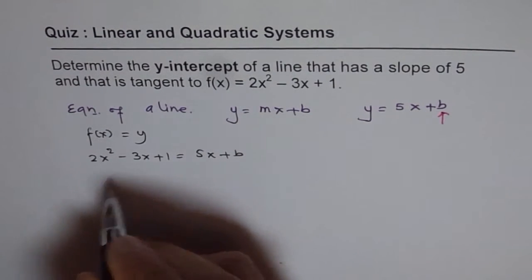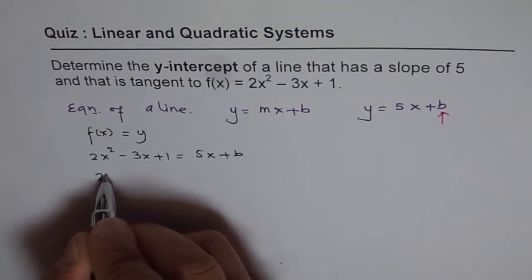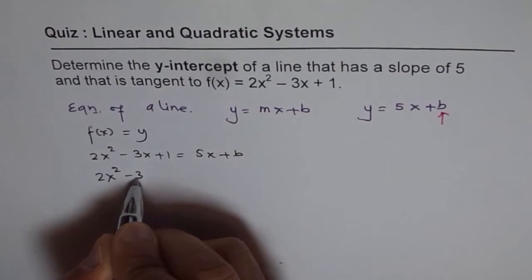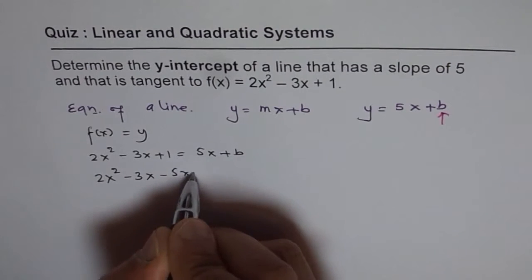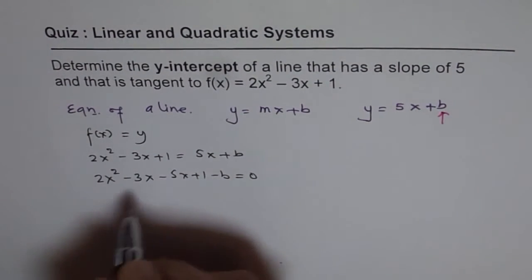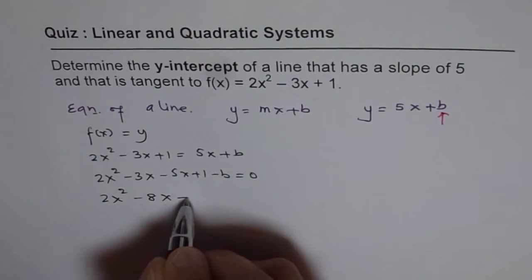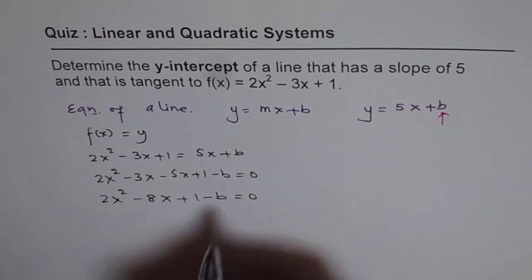Now we can bring all the terms together and then solve for b. Minus 3x minus 5x plus 1 minus b equals 0. We can combine this for the time being, which is minus 8x plus 1 minus b equals 0.